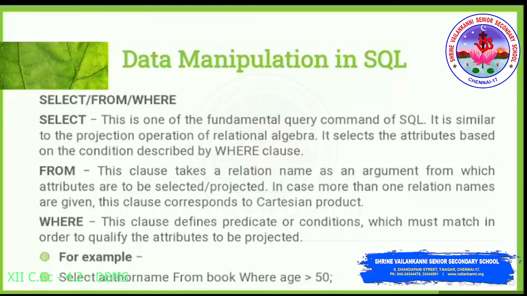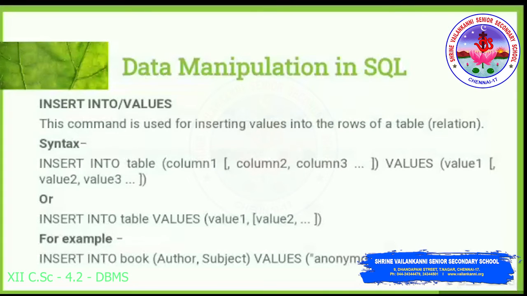The from clause takes a relation name, that is a table name, as an argument from which attributes are to be selected or projected. In case more than one relation name is given, this clause corresponds to Cartesian product. The where clause defines predicate or conditions which must match in order to qualify the attributes to be projected. For example, select author name from book where age is greater than 50.